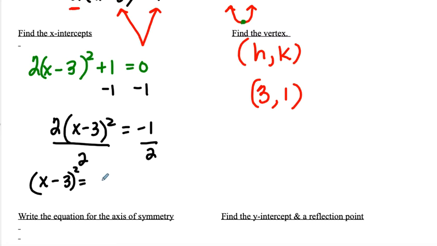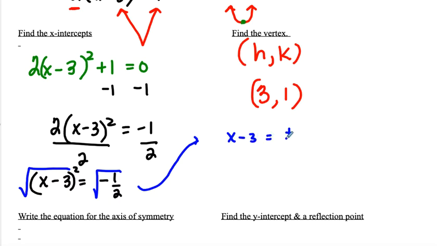Yuck. Because now I have to take the square root of both sides. Now, I've taken the square root of both sides, and I've got the square root of a negative, so I have x minus 3 equals plus or minus i, because I've got to take out that negative, and then I have the square root of 1, which is 1, all over root 2.